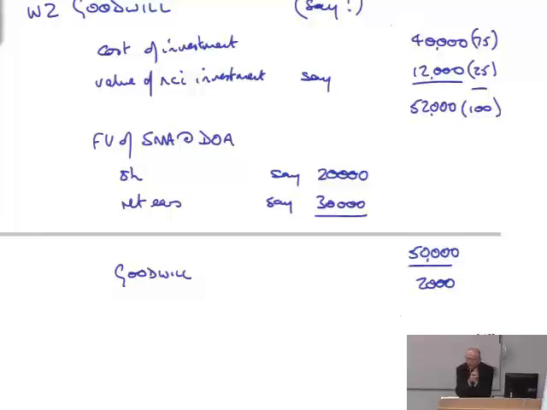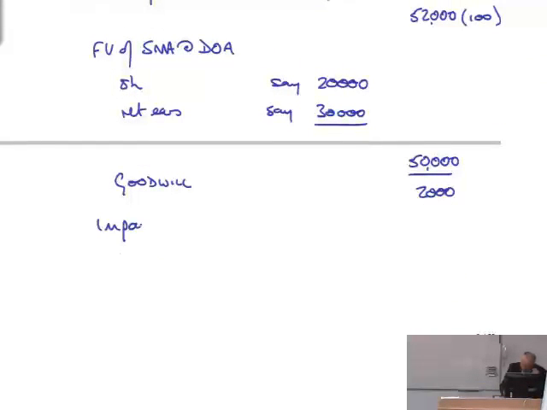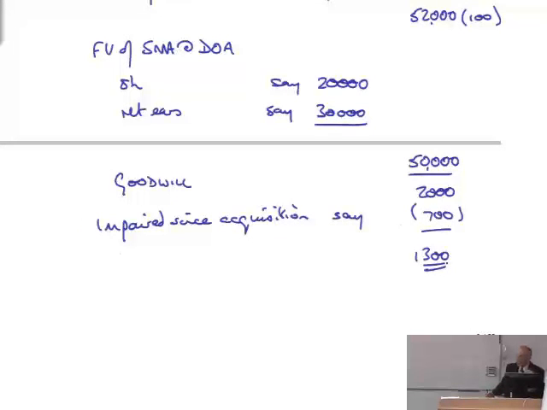And so I did have an asset 15 years ago of 2,000, but since then it has been impaired. So the asset needs to be written down. Impaired since acquisition, let's say 700. This intangible, non-current asset, goodwill, is now only worth 1,300 to me. And that's the figure that will appear on the statement of financial position.